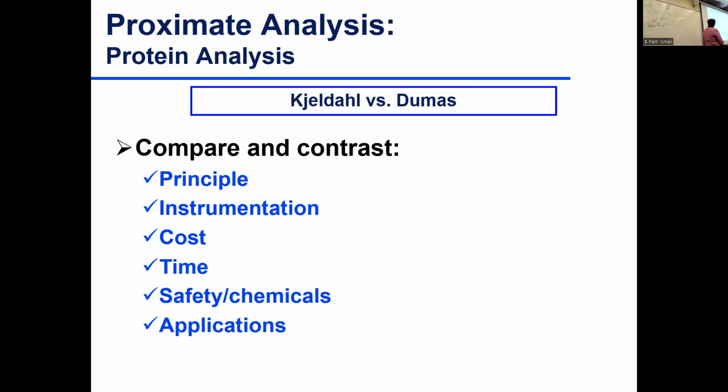So both are good in that respect. You want to know the principle of these two methods to be able to compare them. Know that DUMAS requires very expensive instrumentation and maintenance. However, it has high throughput, no chemicals, and similar application. So you want to remember that.